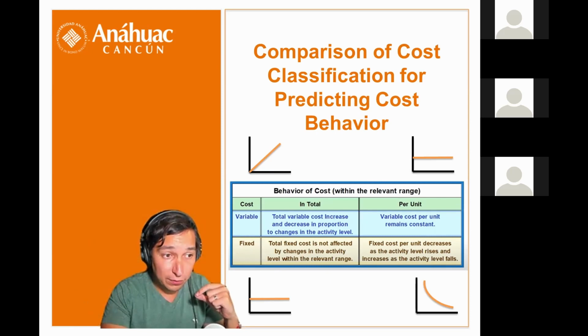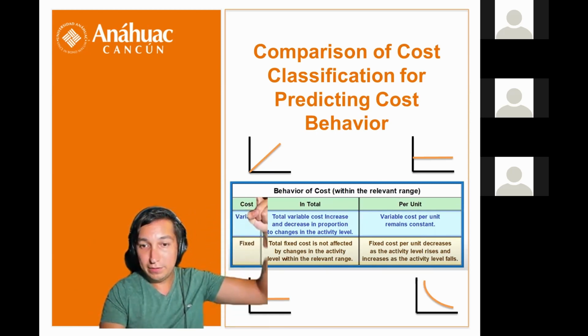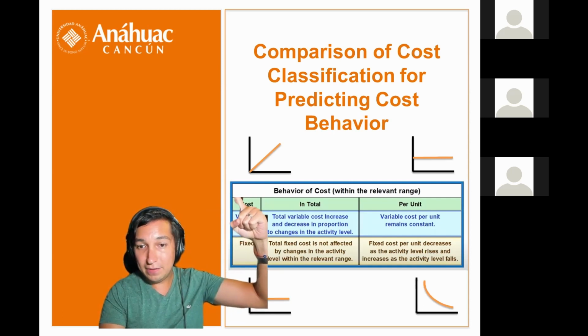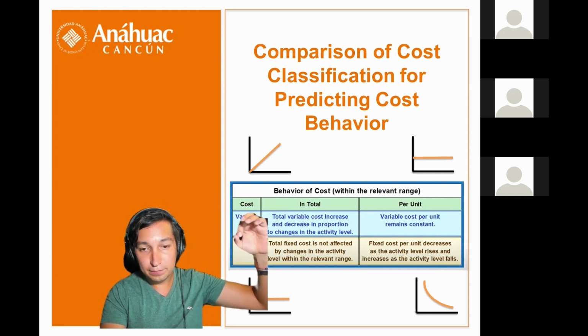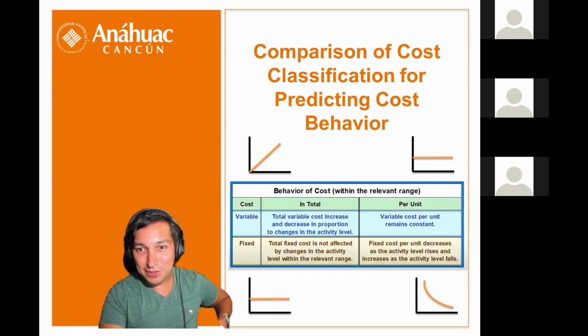If we were to graph that, it would look like the plot I just drew, the first plot. Remember that the y-axis is the cost and the x-axis is the level of activity. Very easy. Linear function, guys. Linear algebra.